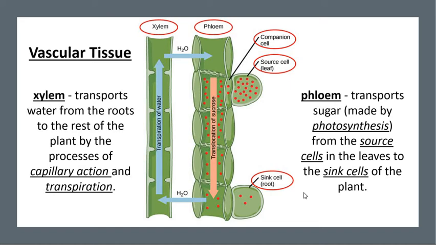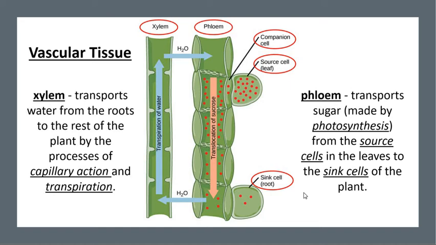So what happens is the phloem will carry it from the source cells, the leaves, down to the rest of the plant that doesn't have photosynthesis, and those would be considered the sink cells. Any of the cells that don't have photosynthesis themselves or don't have a lot of it. Okay, so like I said, some of the stems, things like that, might have a little bit, but not enough to stay alive.